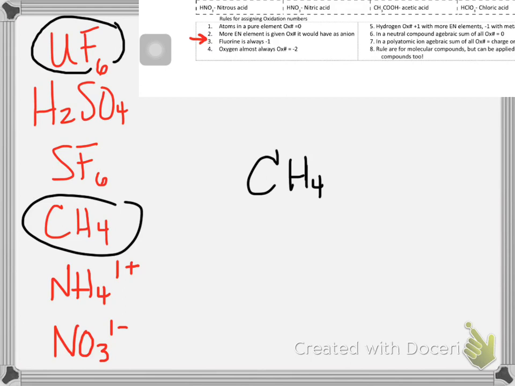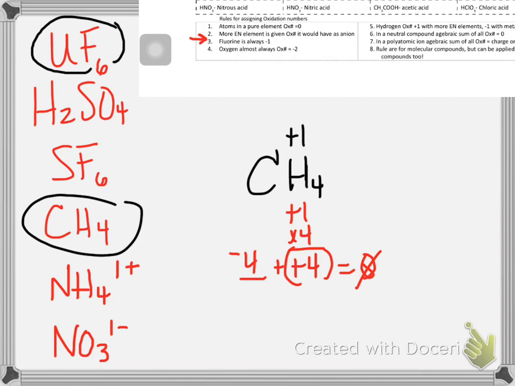So, hydrogen is going to have an oxidation number of +1. I'm going to write that underneath the hydrogen, +1 times 4. So I have a total oxidation on hydrogen of +4. Something plus a +4 must equal 0. That would be a -4, divided by 1. That carbon has an oxidation state of -4.